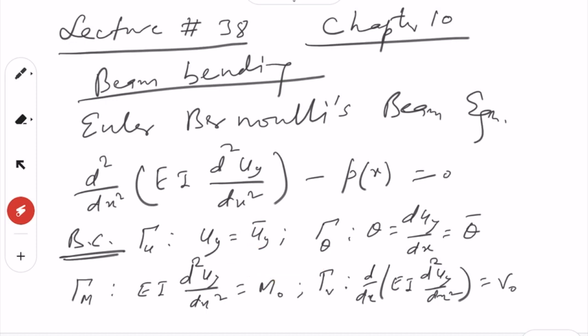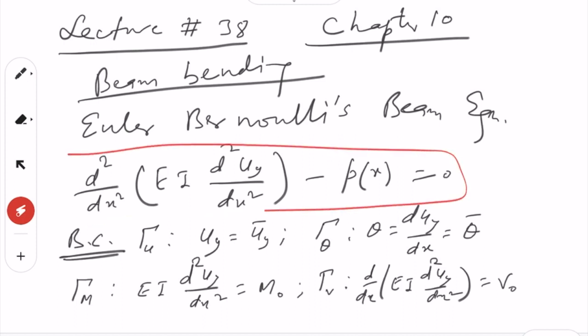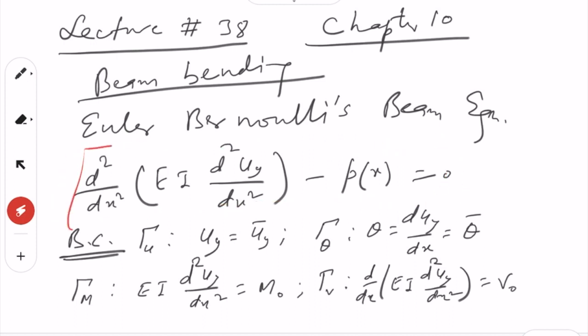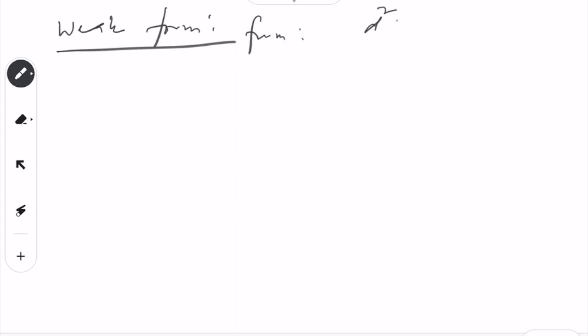Now the next thing is we will use these to find the weak formulation. We can use the short one also, so let us start from the original one, which looks like d square M over dx square minus px equal to 0.